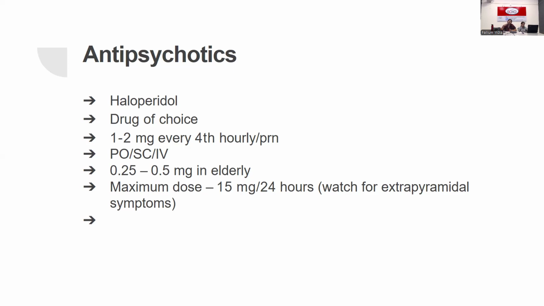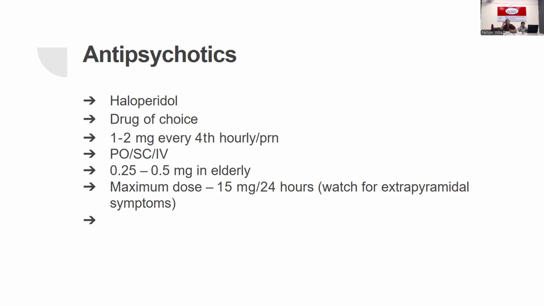Or if the patient is coming to your OP with an acute problem, you can give a stat dose of 1.5 milligrams IV. If the patient is in an OP setting with a moderate level of delirium, then you can go for a tablet. Haloperidol is available as a tablet.